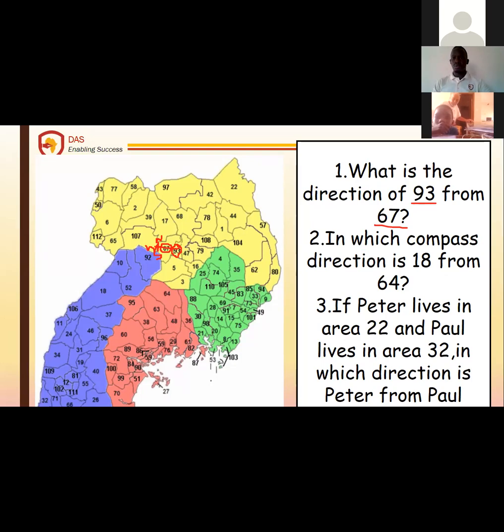So according to this, what is the direction of 93 from 67? We are using the chat box. I want to see the super person who will send first. The super boy and the super girl will send me the answer first. Ibra, thank you. Your answer is very correct. If I can get another person or two, then I will know my good children are understanding the lesson. Yes, teacher.